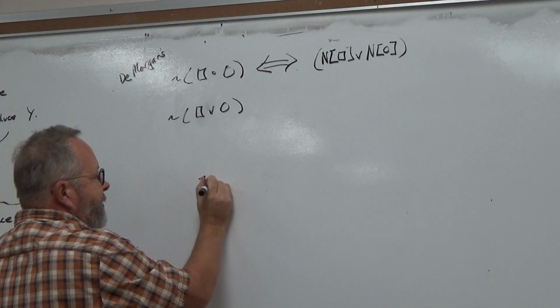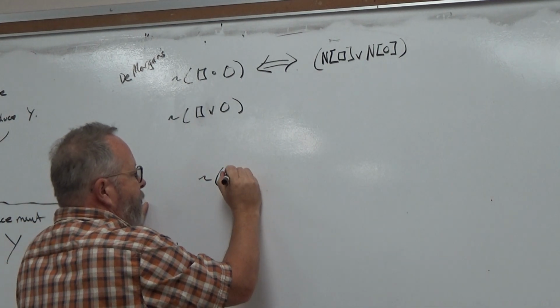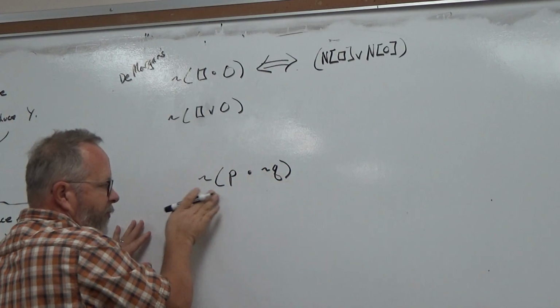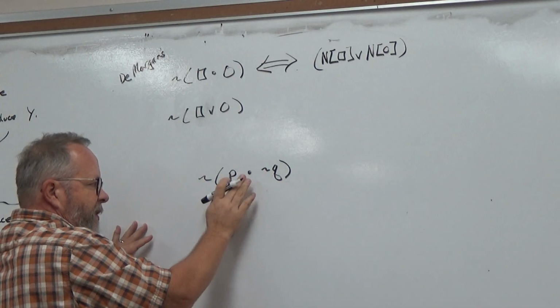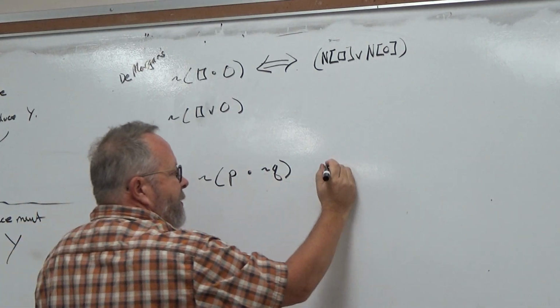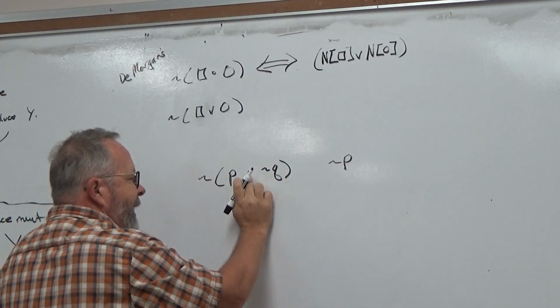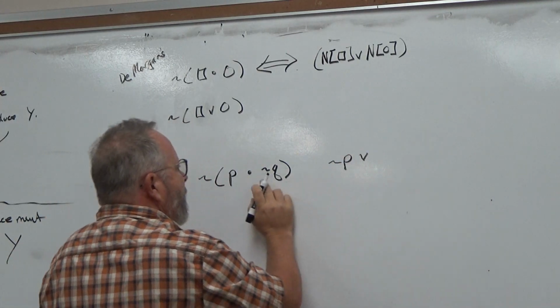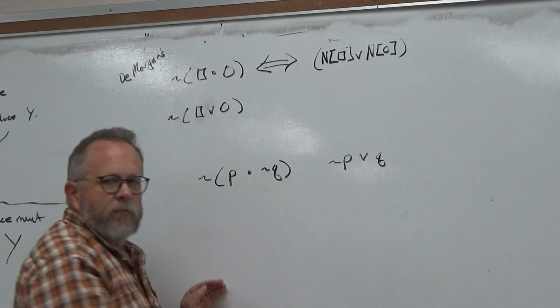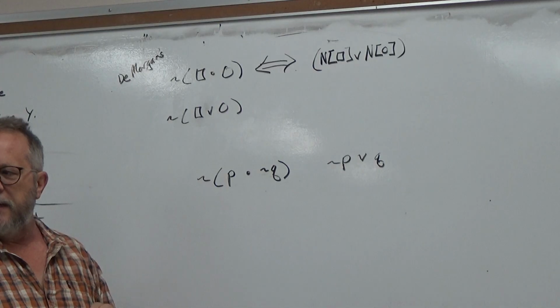So suppose I have this, not P and not Q. So if I'm going to push this negation through, because this is a negated conjunction, the P would become a not P, the and becomes an or, and the not Q would become a Q. Does everybody understand that?